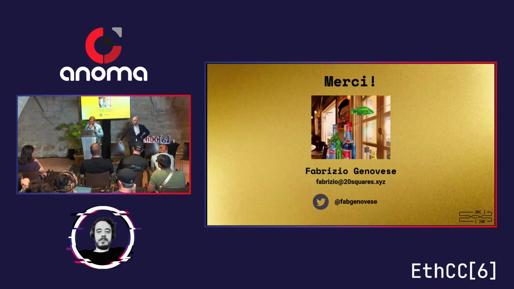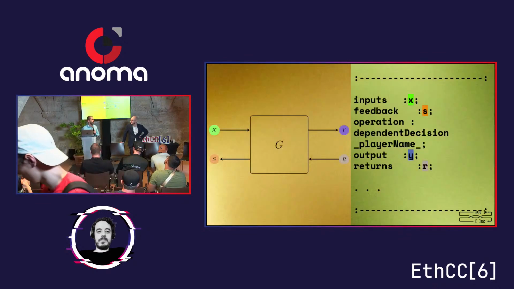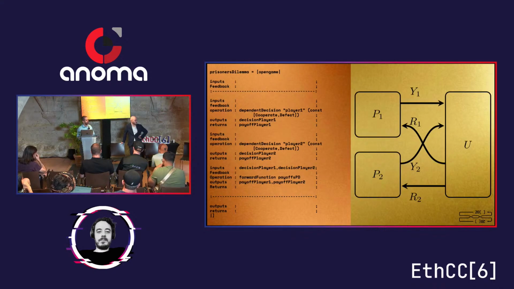Basically, the types of these wires can be anything you want. The way you model perfect or imperfect information is, A, by hacking on the structure of the types, and B, by hacking on the wiring of the diagram itself.